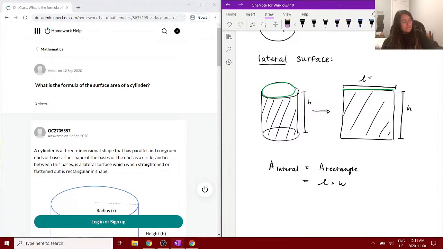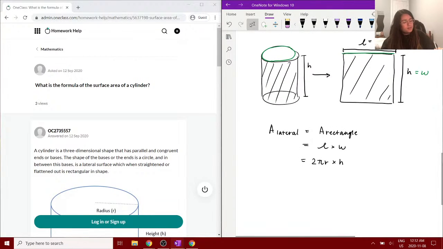I'm going to write here, circumference of a circle is equal to 2 pi r, right? So if that's the length and this is the width, then we can fill that in. There we go. 2 pi r times the height, and that is the area of the lateral surface.